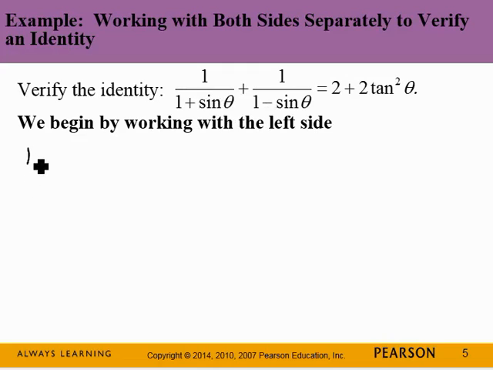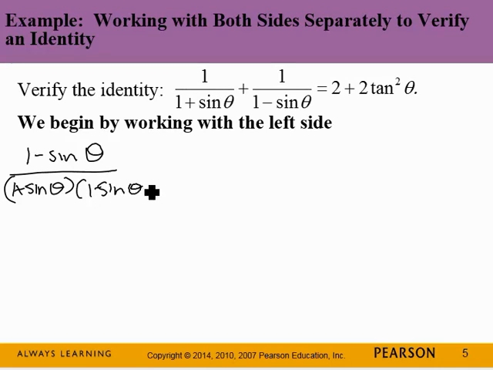So you should have on the top 1 minus sine theta over 1 plus sine theta, 1 minus sine theta. Now I'm going to multiply the second fraction by 1 plus sine theta.